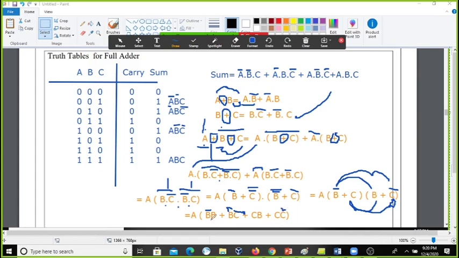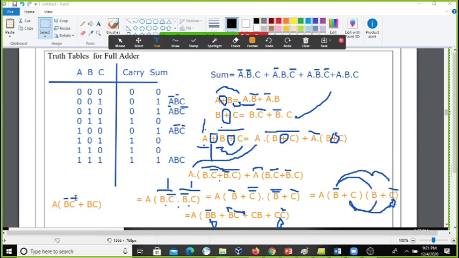Then we know B into B bar is 0, C into C bar is 0, because we have the complement law: B into B bar is 0, C into C bar is 0. Then you get the answer A multiplied by B bar C bar plus BC.